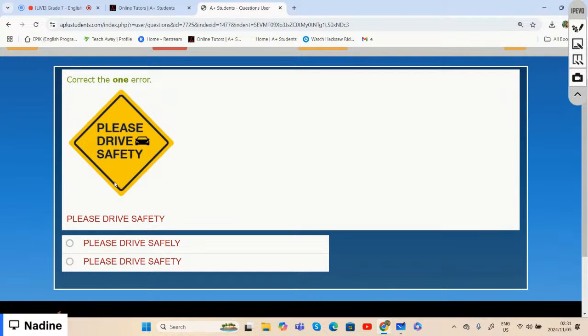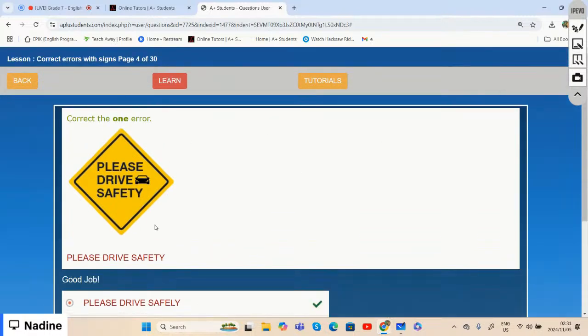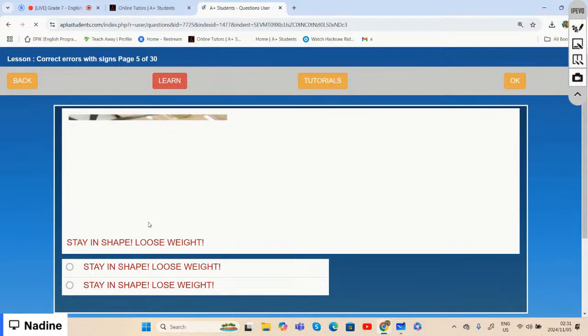So please drive safety. The word safety is the one error that we picked up on that poster. Because you must say, please drive safely, not safety. So please drive safely, which is option one. We don't say, please drive safety, right? So safely, option one, not safety, option two.